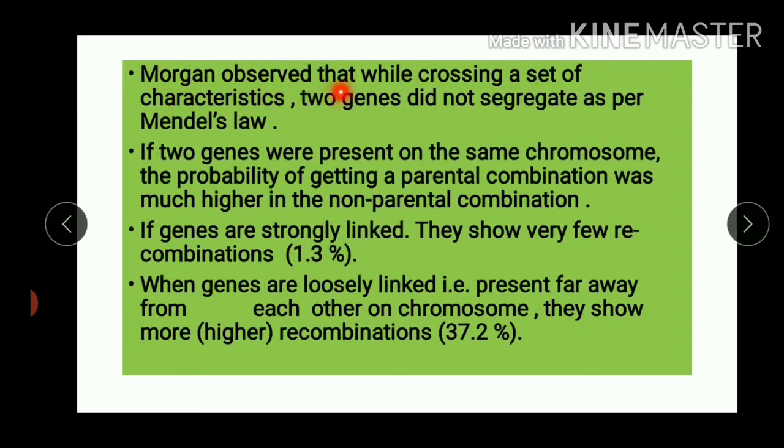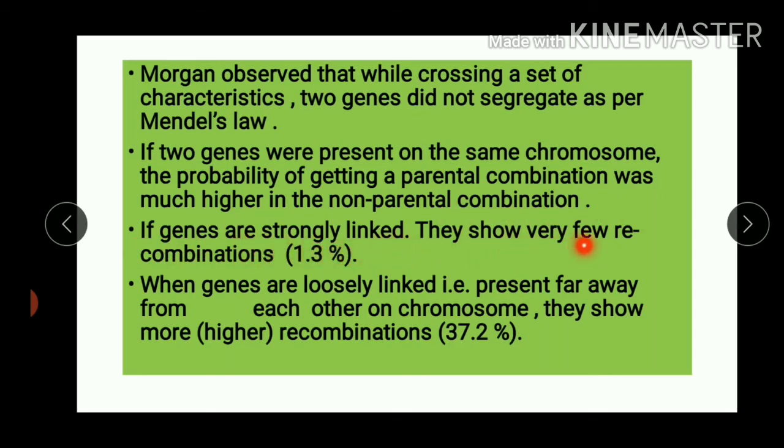Morgan observed that while crossing a set of characteristics, two genes did not separate as per Mendel's law. If two genes were present on the same chromosome, the probability of getting parental combination was much higher than the non-parental combination. Just imagine if the genes are strongly linked.